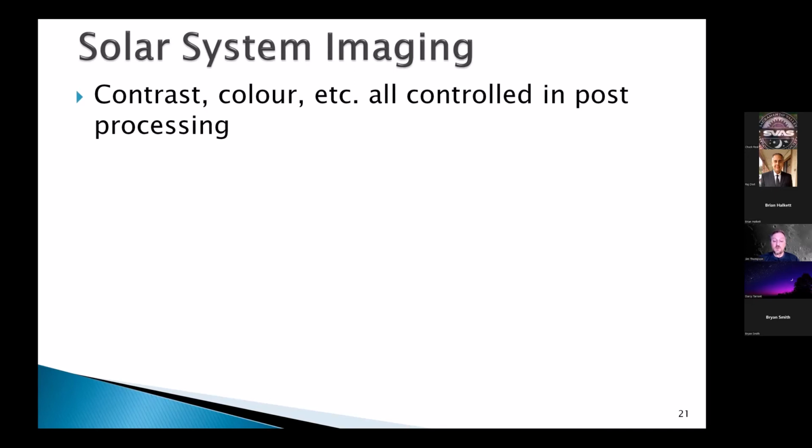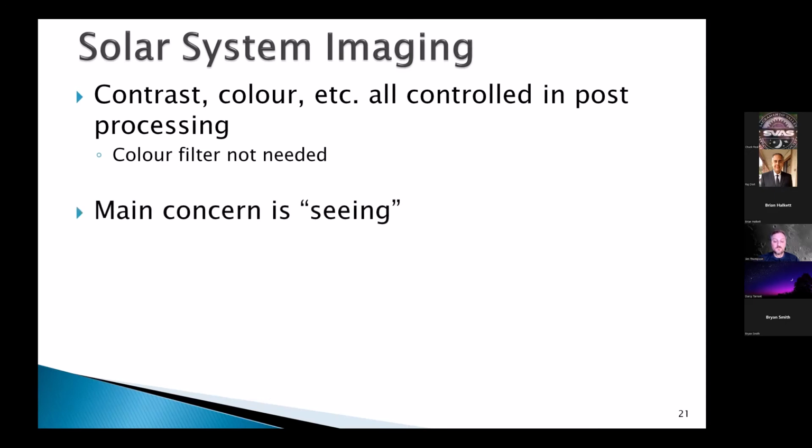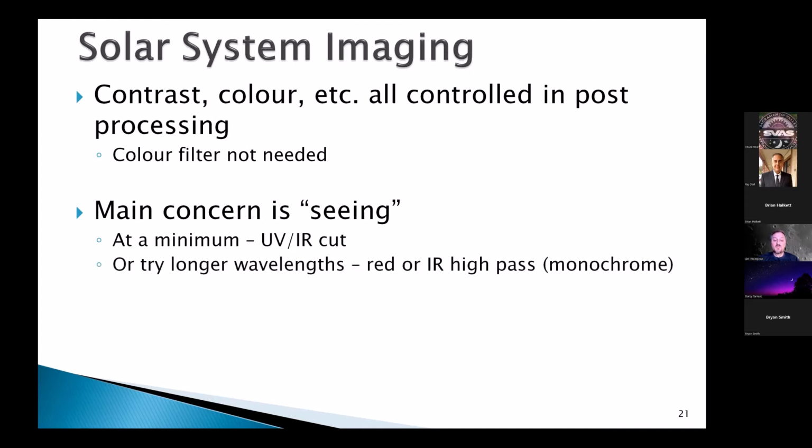The main concern is seeing, the unsteadiness in the view resulting from turbulence in our planet's atmosphere. At a minimum, you should use a UV/IR cut filter to sharpen your view. Or try filters passing red or infrared only, as seeing has less of an impact at long wavelengths.